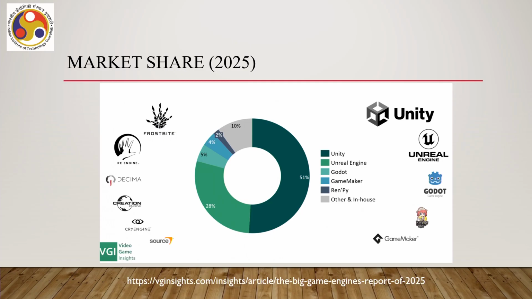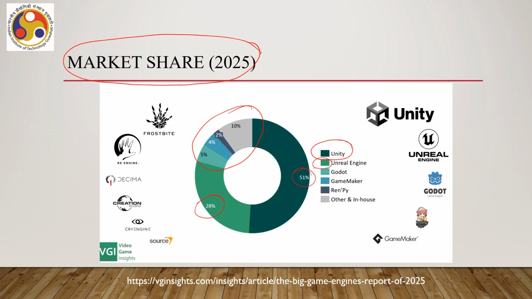However, if we look at the latest market share, we can see that Unity is occupying almost 51% of the market share of game engines, followed by Unreal Engine at 28%, and all others put together comprise the rest.